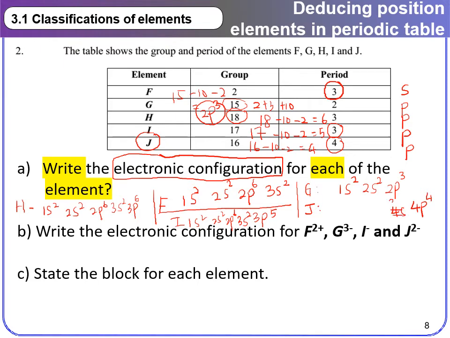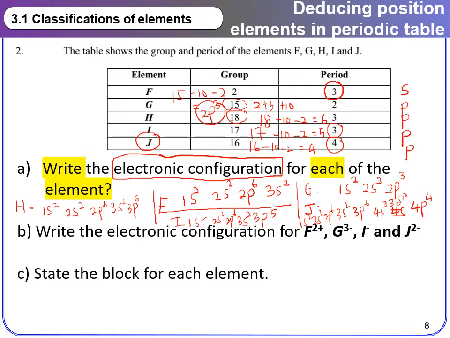Before 4p should be 3d10. Before 3d10 is 4s2. And then before 4s2 is 3p6, 3s2, 2p6, 2s2, and 1s2. So this is the electron configuration for element J.